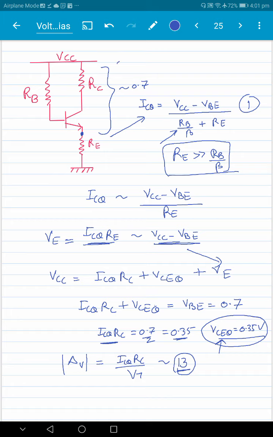If you try to get beta insensitivity and make RE much larger than RB by beta, you hardly get any gain and you hardly get any swing. That's the reason why we don't use this particular circuit. This circuit is not very useful. To solve that problem, we add a resistor R2 here.